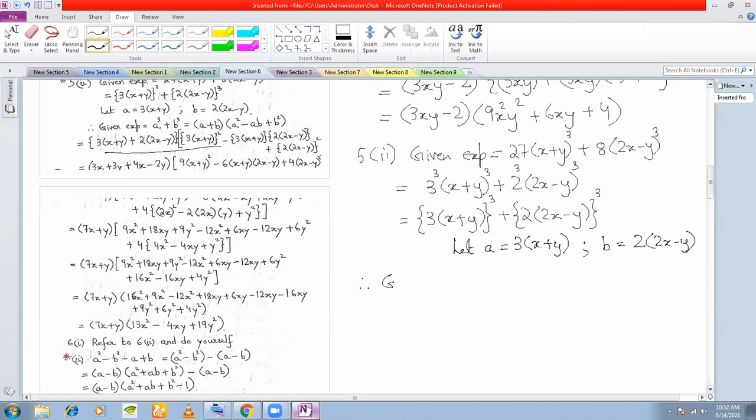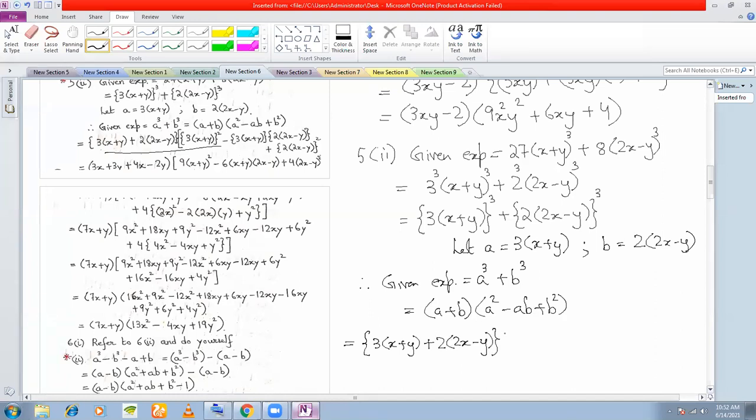So therefore, what does the given expression become? Given expression becomes simply a cube plus b cube, which is a plus b into a square minus ab plus b square. Now you can put the value a plus b. A is thrice x plus y, B is twice 2x minus y, into a square. Let me put a box bracket here.